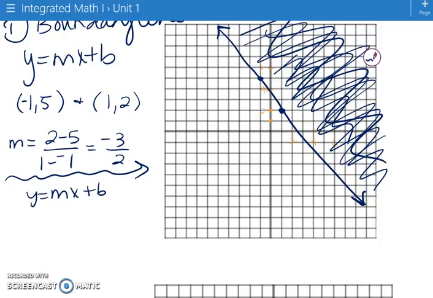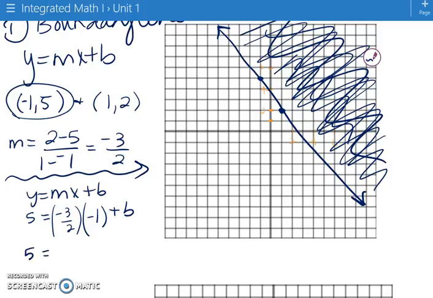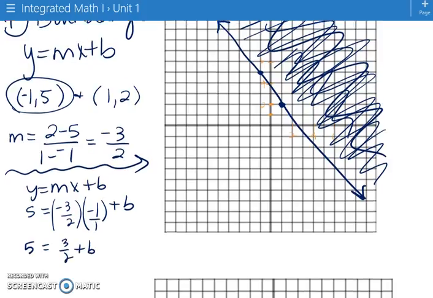What I'm going to do is plug in a y coordinate, plug in the m that I found, and then plug in my x coordinate of negative 1, plus b. You see that I used the x and y coordinates from one of the points I was given. So I get 5 equals 3/2 plus b.